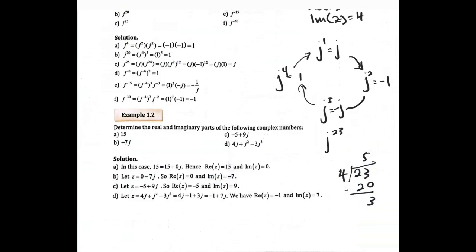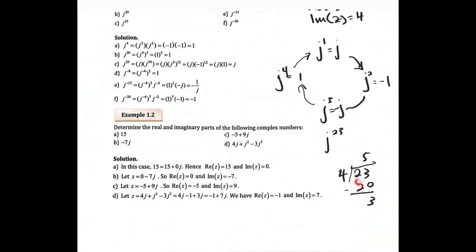What it means here is that j^23 at most will have 5 complete cycles of 4, and these 5 complete cycles are equal to 20. So we still have the remainder of 3.